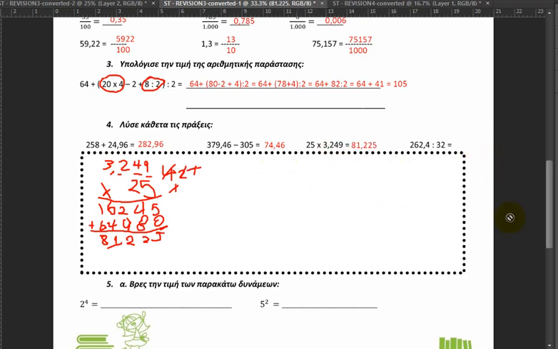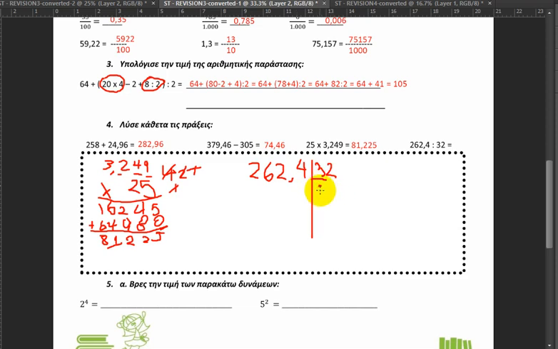Okay, next let's do the division as well. 262 divided by 0.4 divided by 32. So let's see what that's going to give us. 32 does not fit into 26, but it does fit into 262.